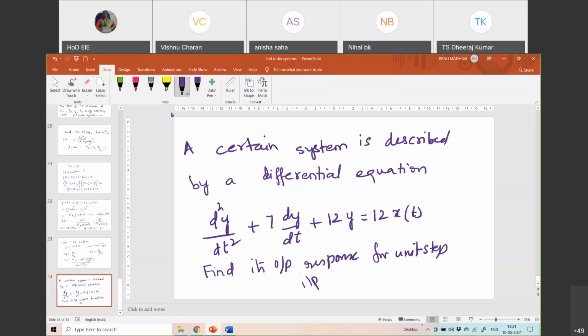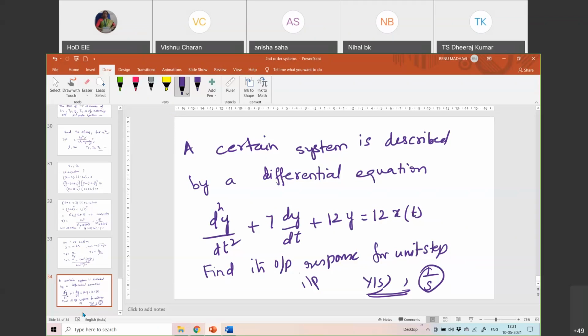For the step input it should be 1 by s. So you have to get the partial fractions. Simplify the partial fractions, then whatever you get for y of s with the partial fractions by taking 1 by s into consideration. Okay, so solve it and get the inverse Laplace transform, and you have to get the equation.